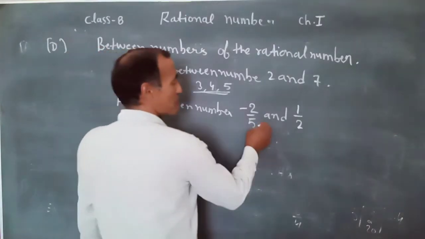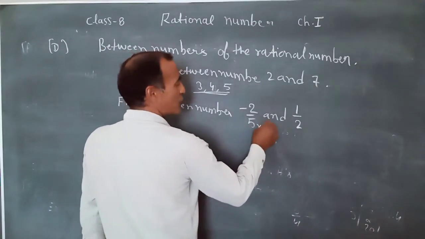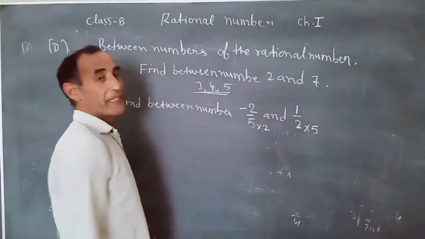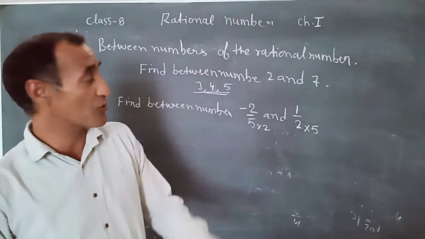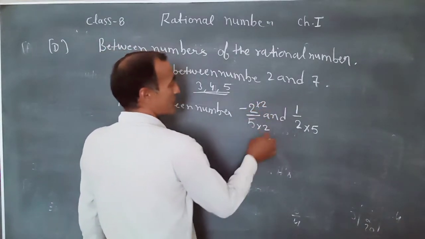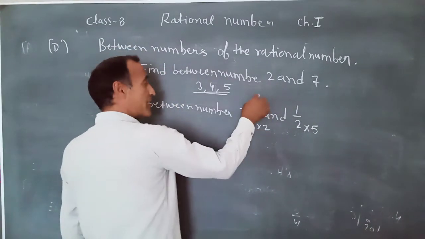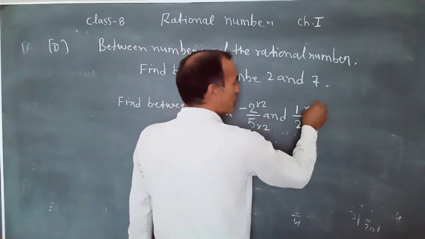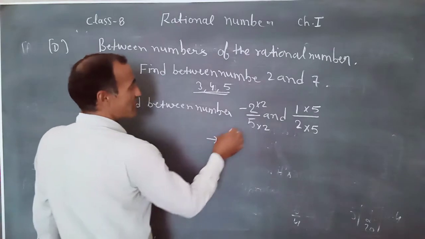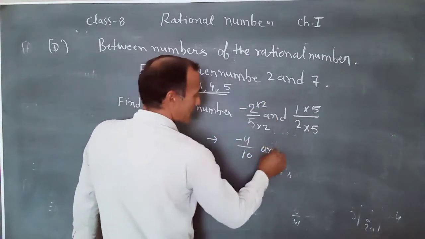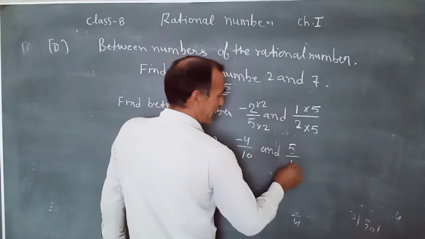So we multiply 5 by 2 and 2 by 5. The denominator is multiplied by 2, so we multiply the numerator by the same digit. Here into 2, so the numerator into 2. Here into 5, so the numerator into 5. So it converts to minus 4 upon 10 and 5 upon 10.